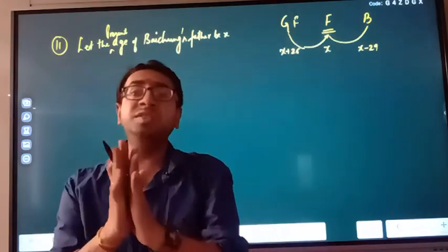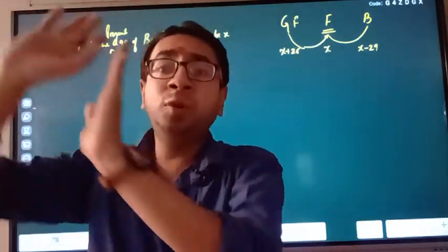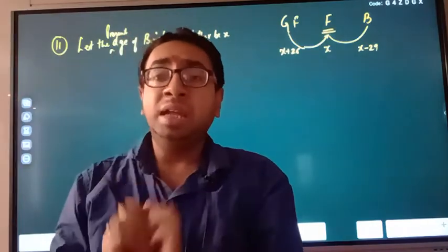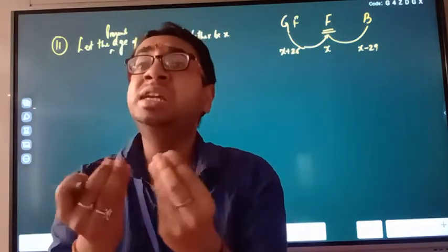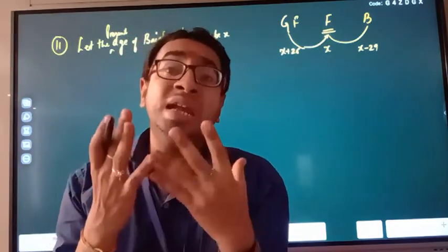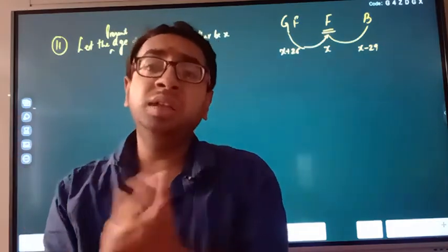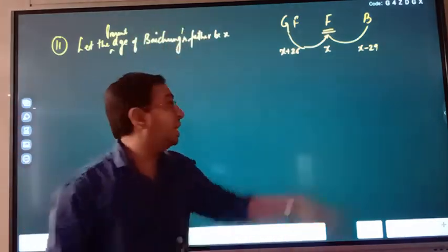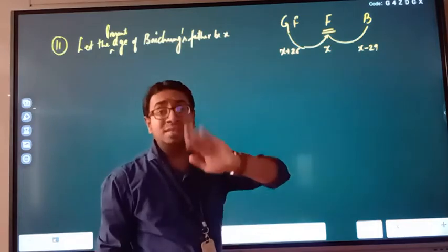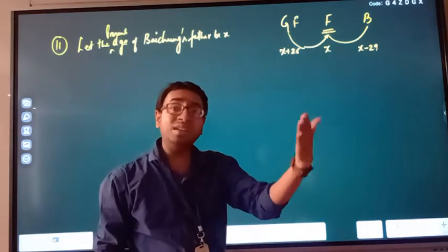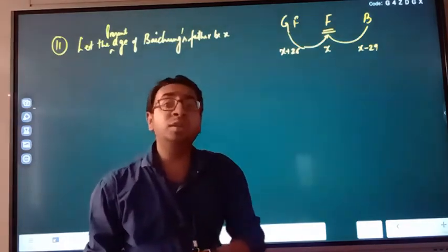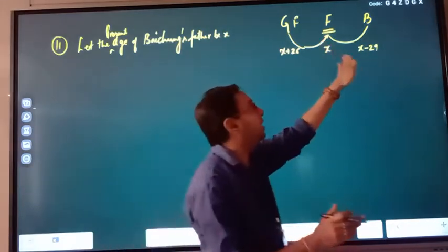So if the father's age is X, the grandfather would be older than Baichung's father, and since Baichung's father is 26 years younger than the grandfather, the grandfather is definitely 26 years older. Similarly, Baichung's father is 29 years older than Baichung, so Baichung will be 29 years younger.